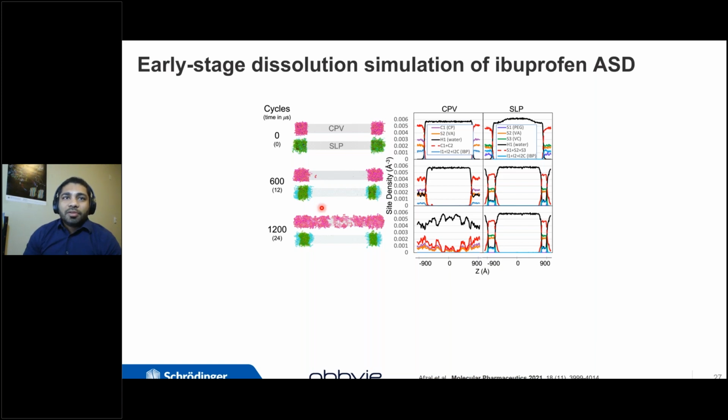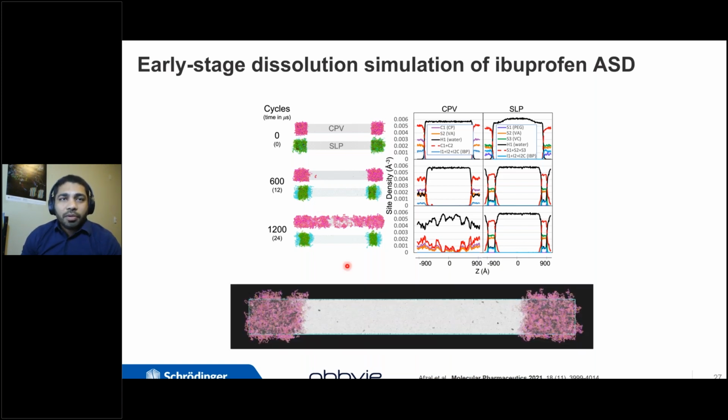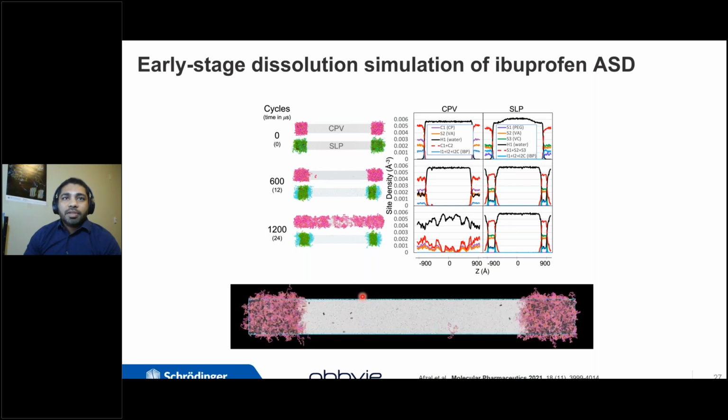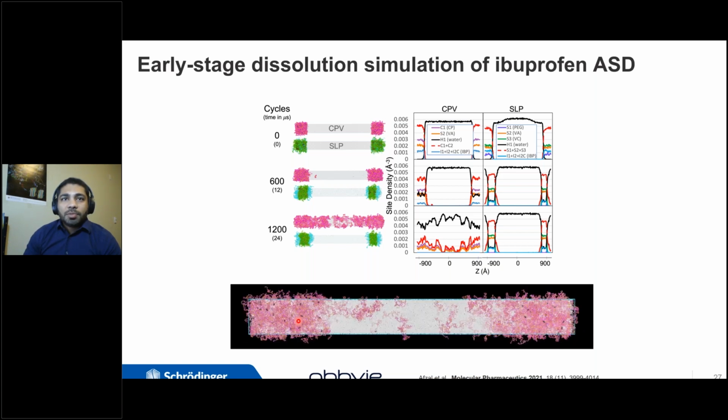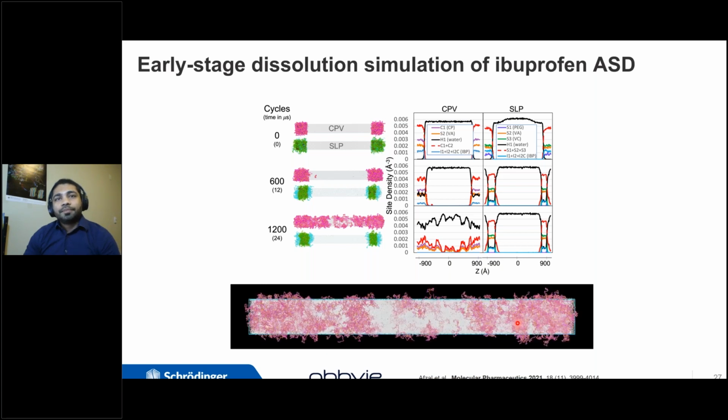And we can also look at the trajectories. For example, I'm showing here the copovidone system trajectory, where we can see that the black particles that represent the drug are coming out of the solution, and also the polymer chains, which are pink in color, are dissolving. This shows a nice view of how these drugs are coming out of the ASD.